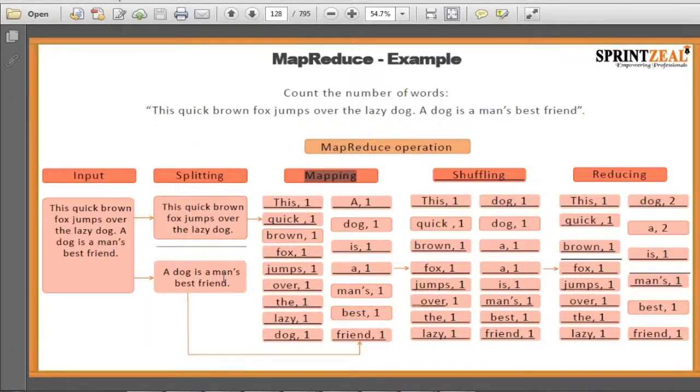Okay, and if I have a file which has 500 blocks, how many map processes will be required for that file? 500, right? But there is a little twist.